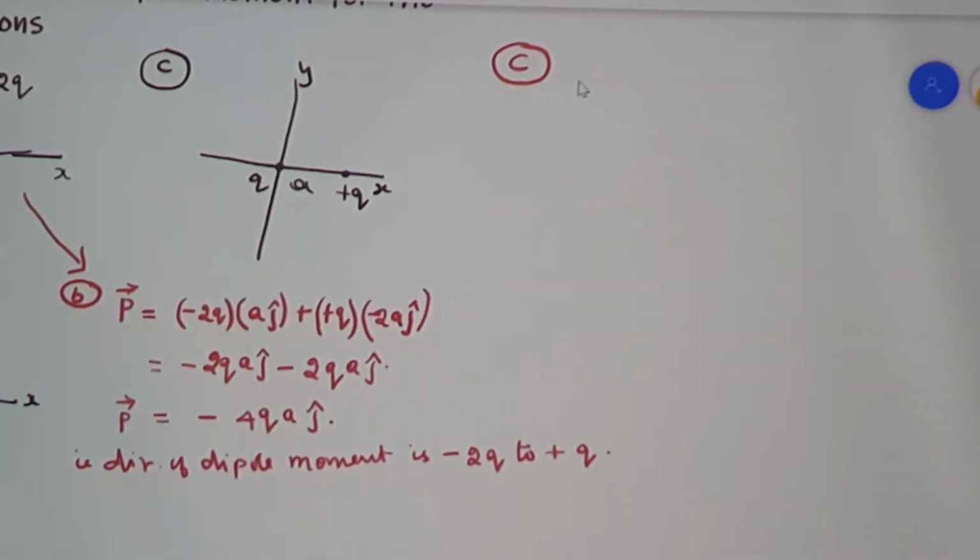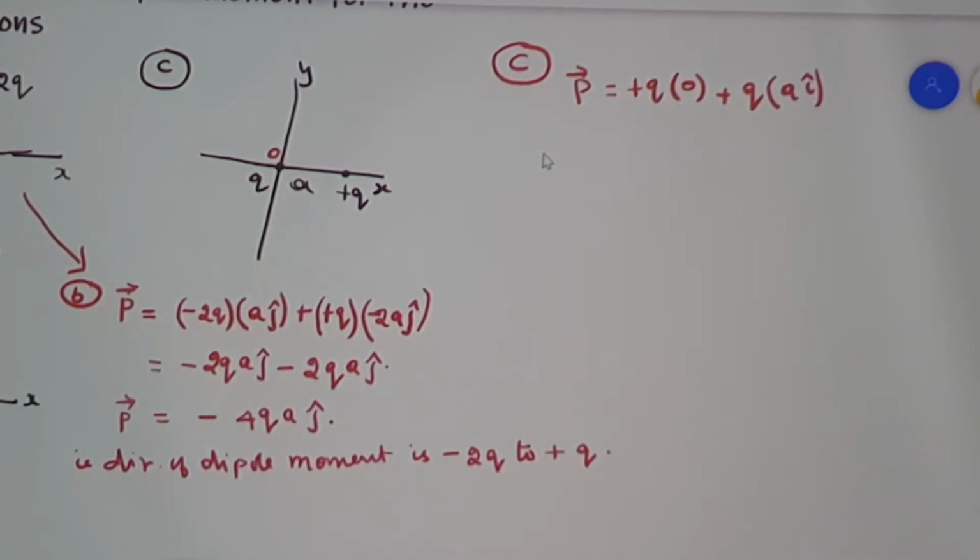How can I write this? P vector is equal to, considering the origin, plus Q into the distance from the origin, which is 0 because it is placed at the origin, plus another Q along the positive x-axis, so I write it as a i cap.